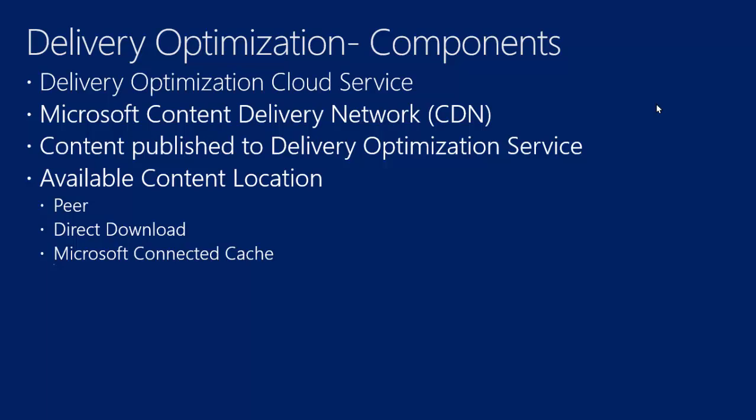I haven't seen the back end of the Delivery Optimization service, but my understanding of it is that's the way it works, right? You would upload your content so that the Delivery Optimization service basically has some metadata about your content, and then that content may be stored in a different location. Maybe it's on Microsoft Update, for example, or maybe it's on a Microsoft CDN that we can point to, or maybe it's on a peer, or maybe it's on a Microsoft Connected Cache server somewhere, right? Or maybe it's in all those locations that you can pick and choose from, or the cloud service can pick and choose from, right?